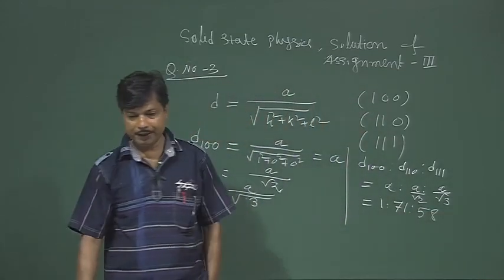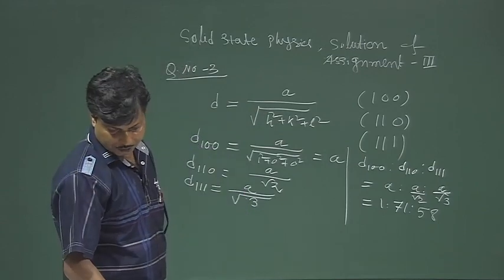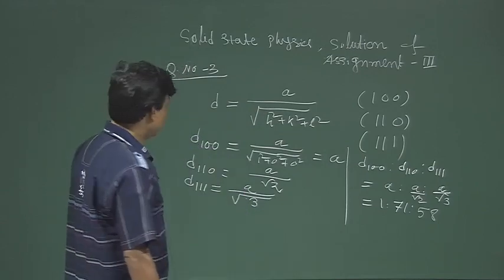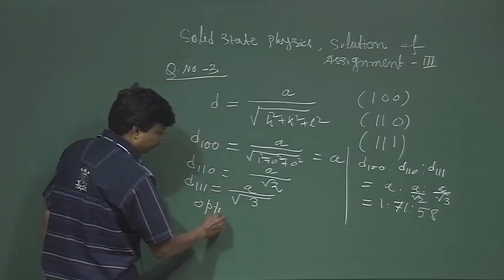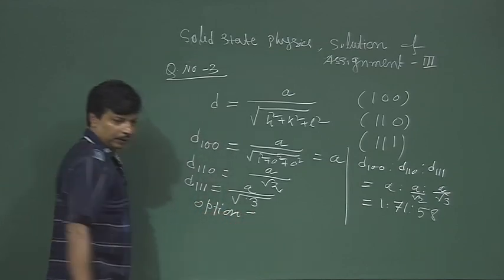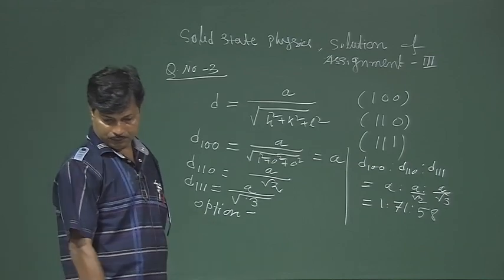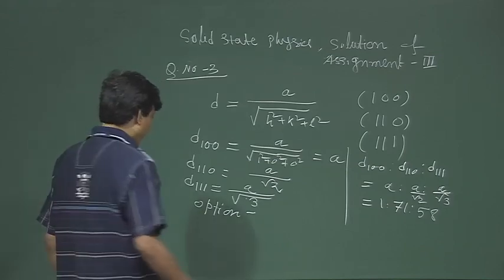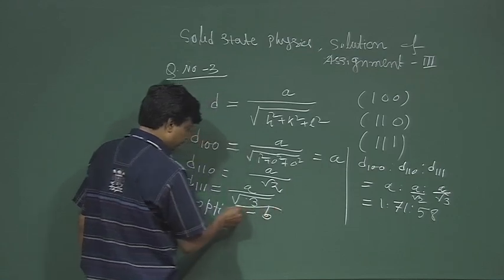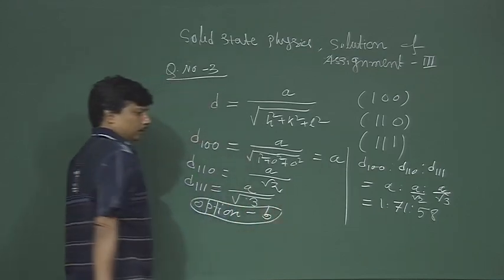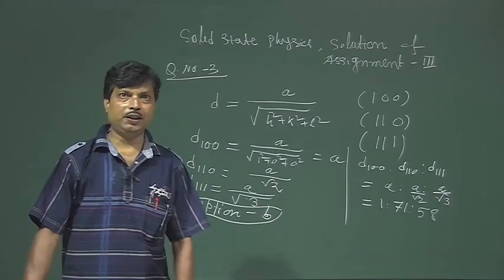So, which option is coming correct? You may see the options: option B is correct for question number 3. So, option B is the correct solution. Okay, question 3 is over.